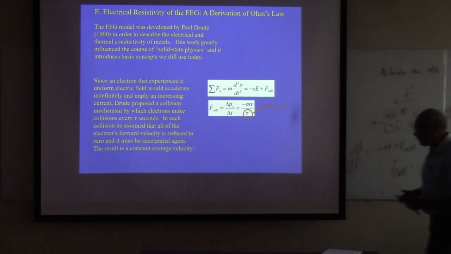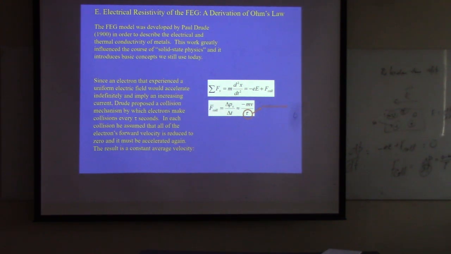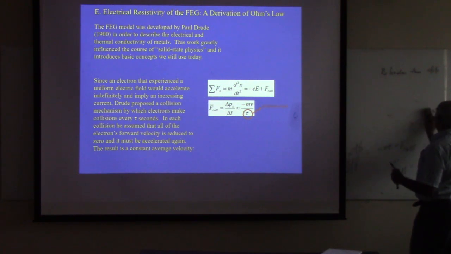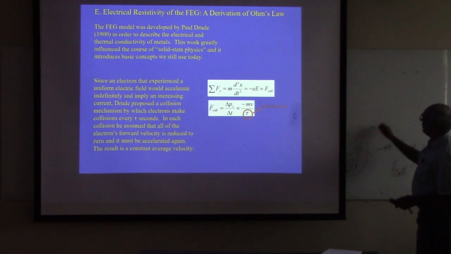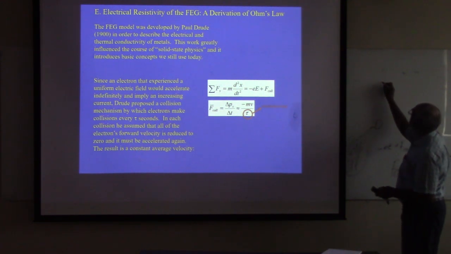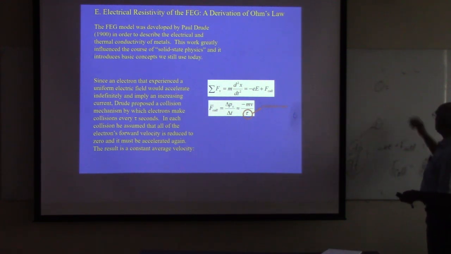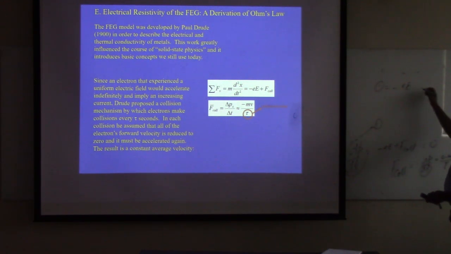Under this equilibrium situation the total becomes zero, so zero equals minus eE minus mv over tau. Please remember that one. From here you can get the relationship for v: v is given by negative eE tau divided by m.